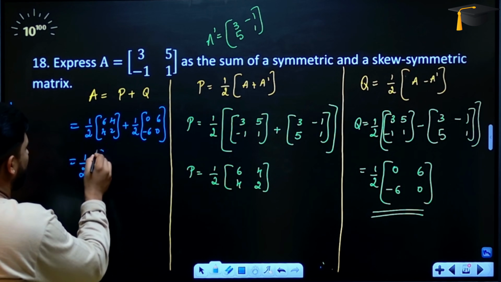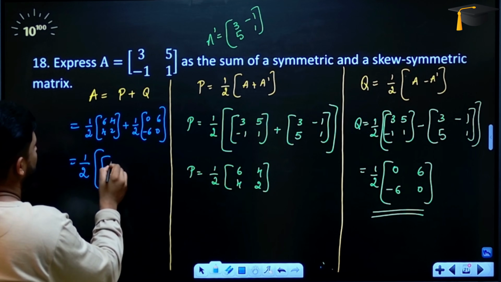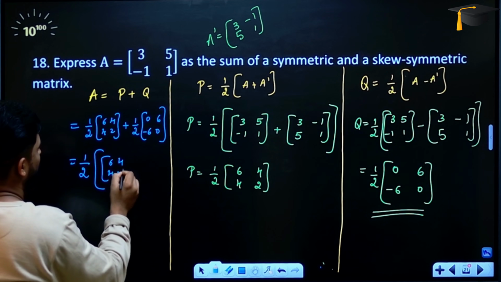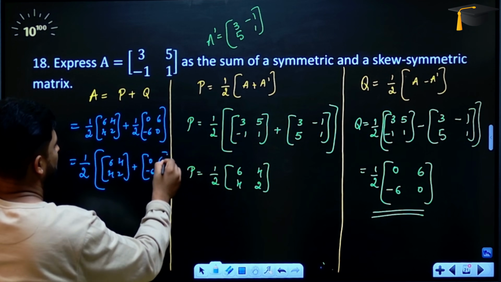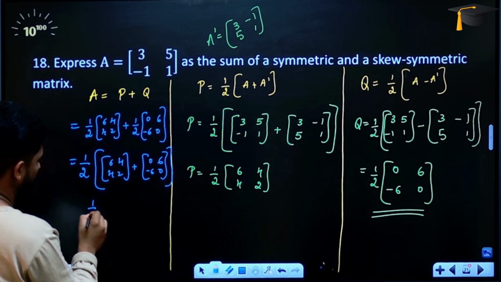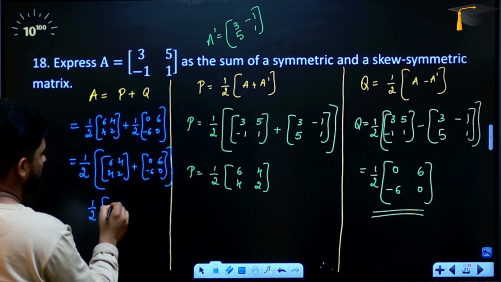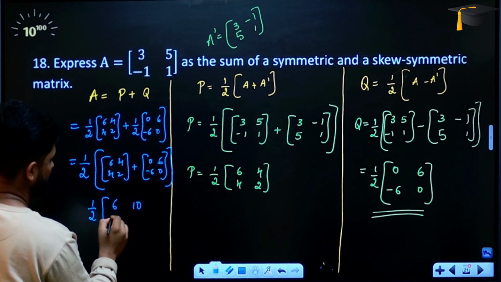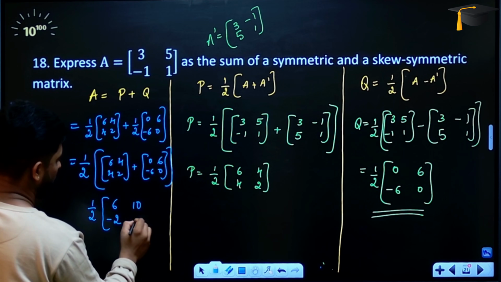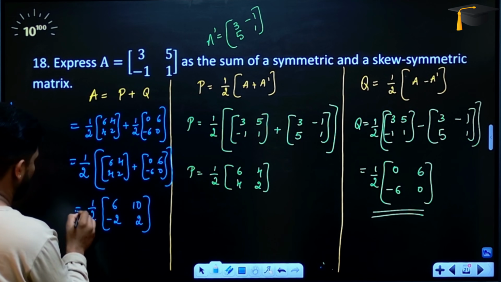So half, if you take common, you end up getting 6, 4, 4, 2 plus 0, 6, minus 6, 0. So half of 6 plus 0 is 6, 4 plus 6 is 10, 4 minus 6 is minus 2, and 2 plus 0 is 2. So this is matrix A.